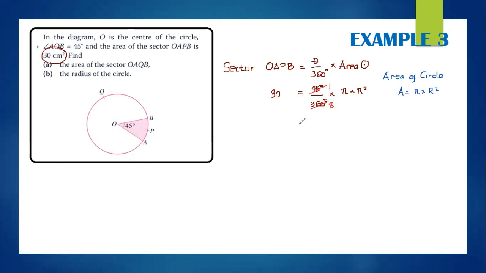Right. So 30 equals 1/8 times 3.14 times r squared.